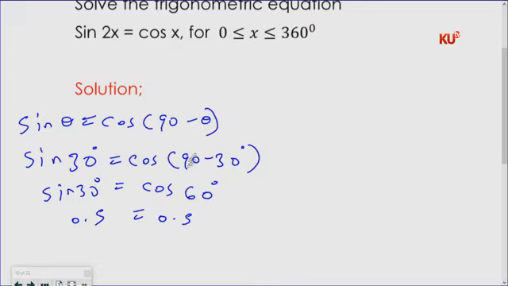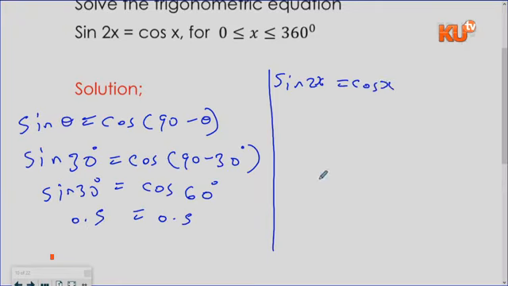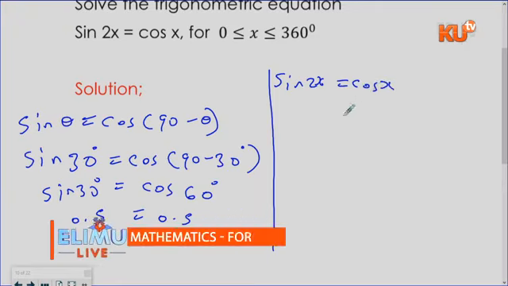So now we are going to borrow this knowledge to solve this particular question. Let's get back to our question: sine 2x should be equal to cos x. But look at this cos x.